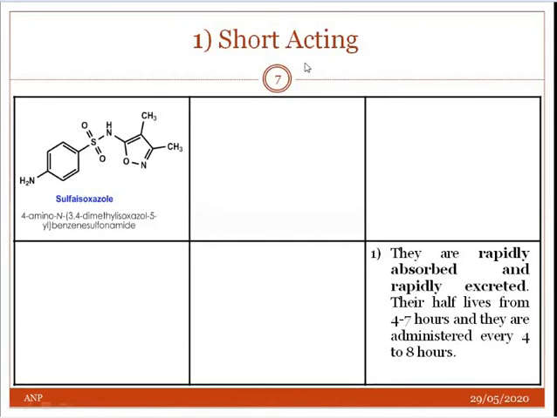Which heterocyclic ring is present in sulfisoxazole? That is the isoxazole ring. The structure is large, but it is very easy to remember.